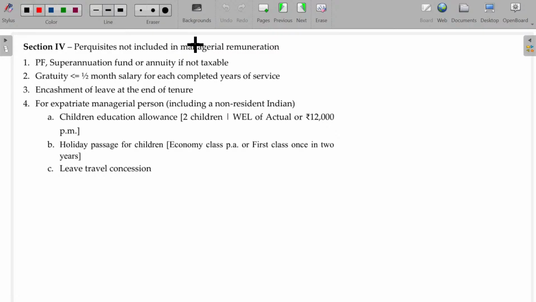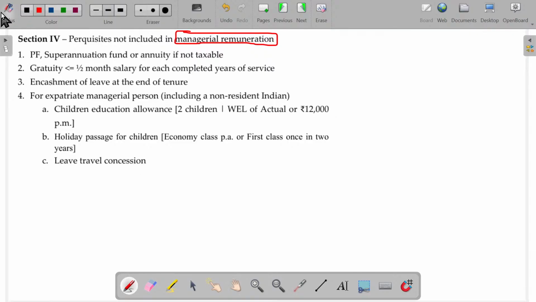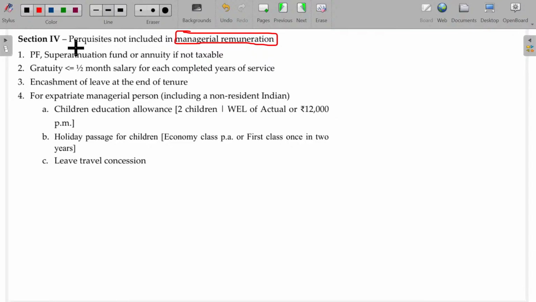The managerial remuneration payable to the directors, perquisites will not be included. The remuneration we have calculated is apart from the perquisites.